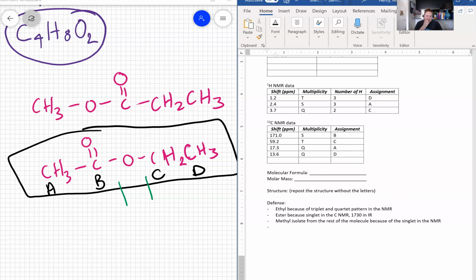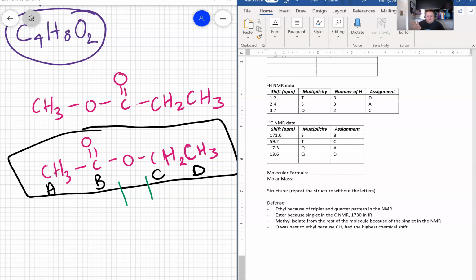And that tells us what all the puzzle pieces are. And then putting those puzzle pieces together, we knew that the oxygen was next to the ethyl because the CH2 had a high chemical shift. And really we could say it had the highest chemical shift.